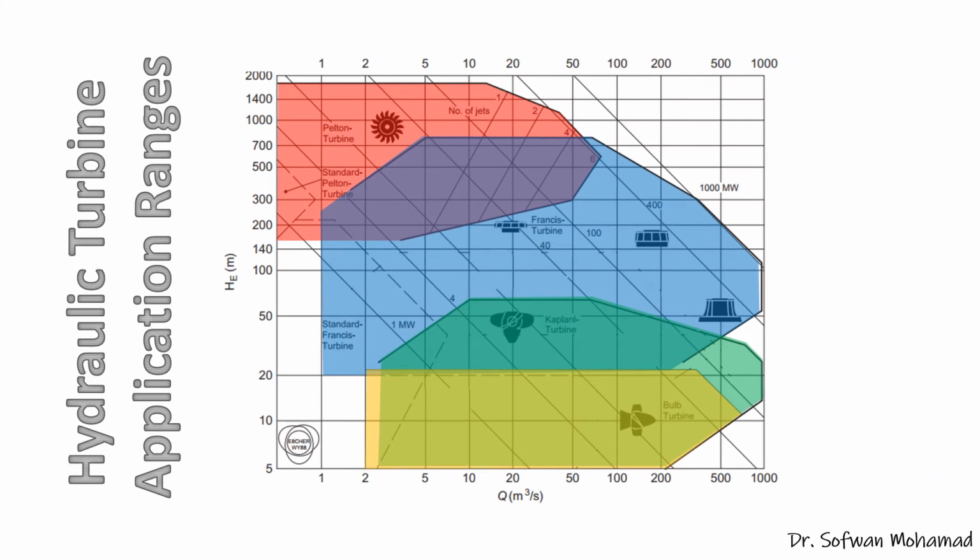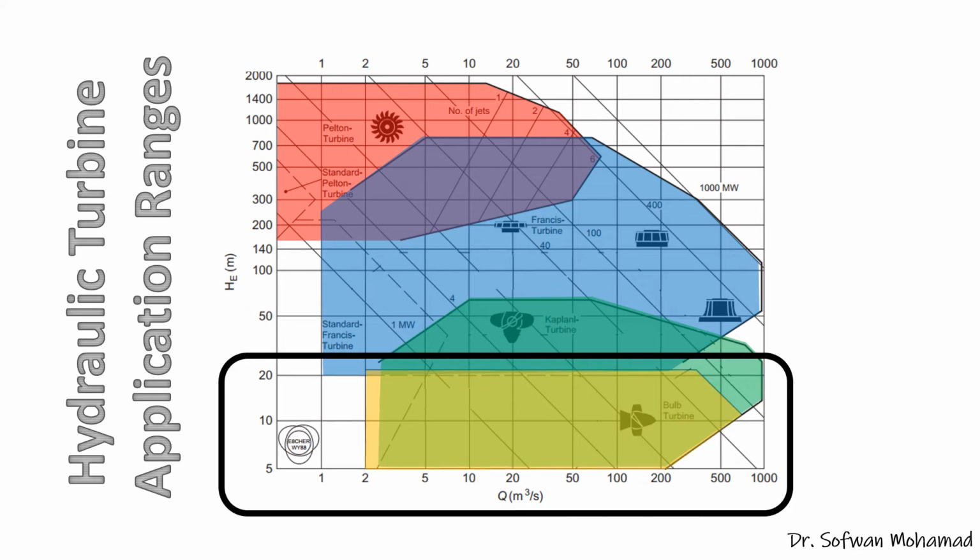This graph shows the application range of different types of hydraulic turbine. On the left hand side, on the y-axis, we've got head of pressure going from 5 up to 2000 meters. And on the lower scale, on the x-axis, we've got the flow rate in meter cube per second.